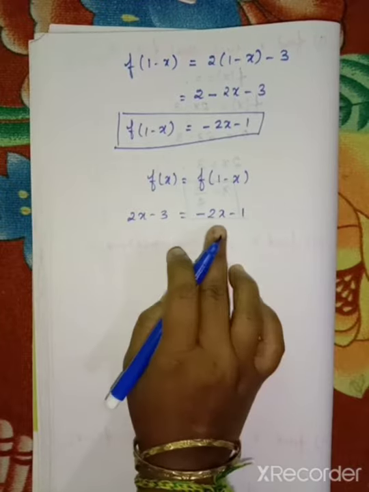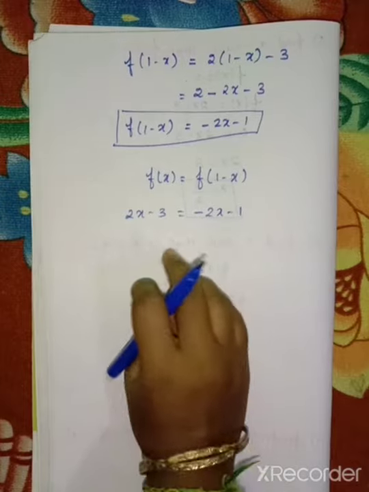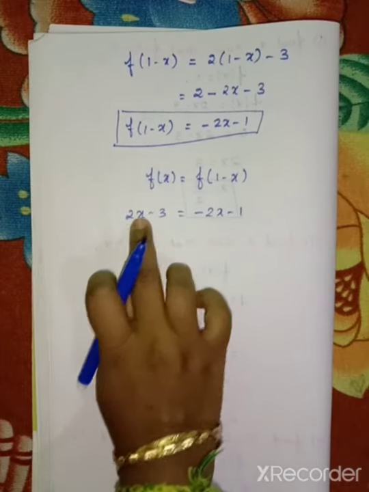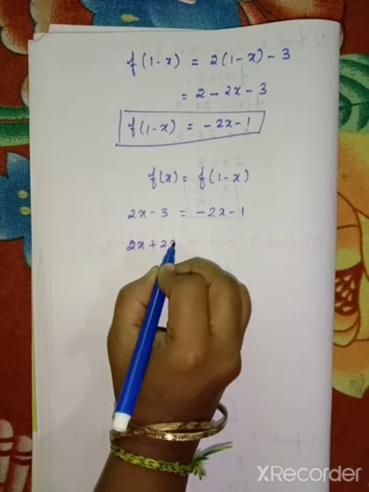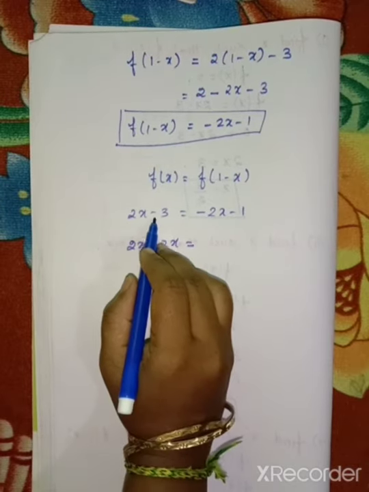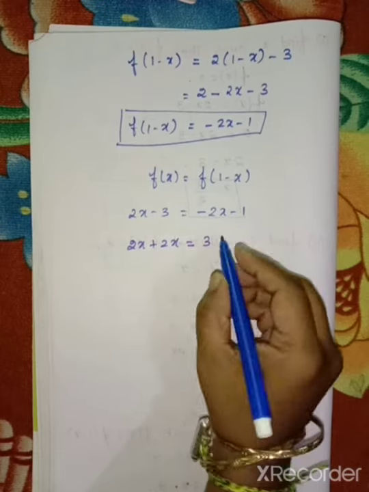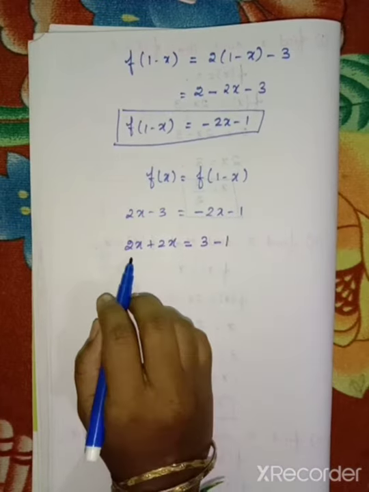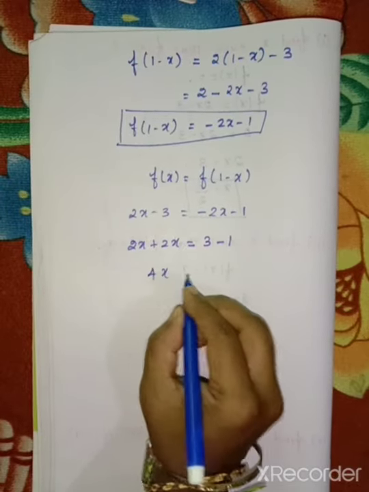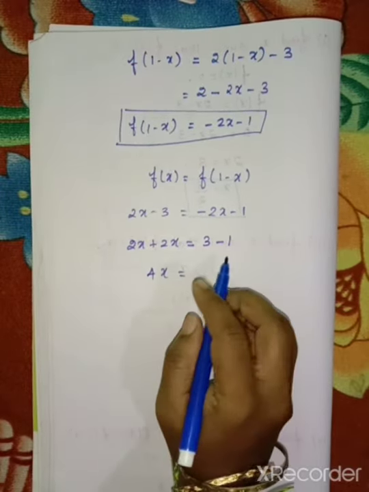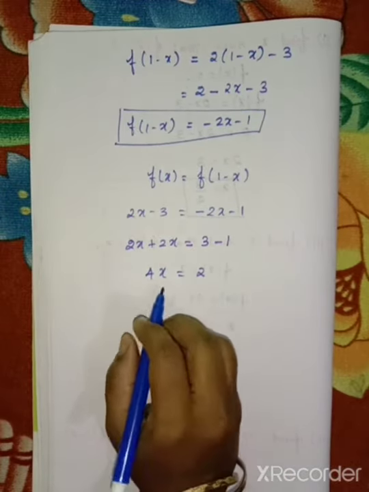On one side you have to take the x variables, and on the other side take all the constant values. So minus 2x goes to this side as plus 2x. So 2x plus 2x equal to, here minus 3 is there, it goes to that side as plus 3. So 3 minus 1. Now add 2 plus 2, 4x equal to 3 minus 1, which is 2.